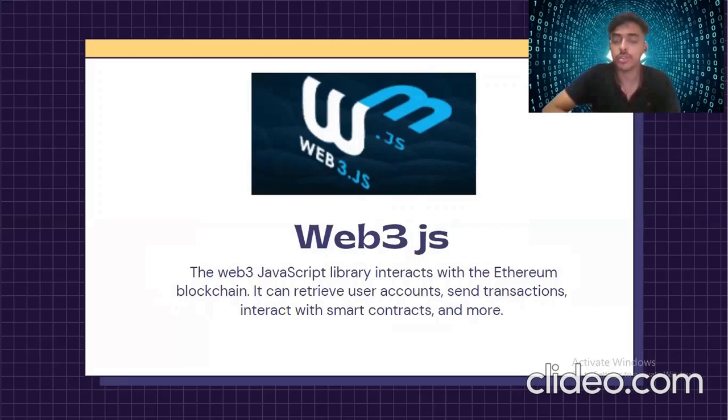In today's video, we are going to write smart contracts in a browser, that is Remix. So we have to write a client-side program for Web3.js, which will interact with the blockchain using wallets such as Metamask. I'll explain Metamask in a bit.